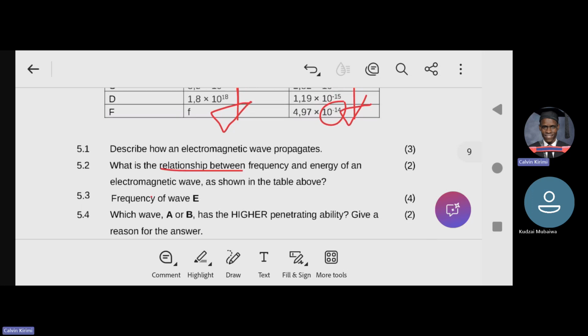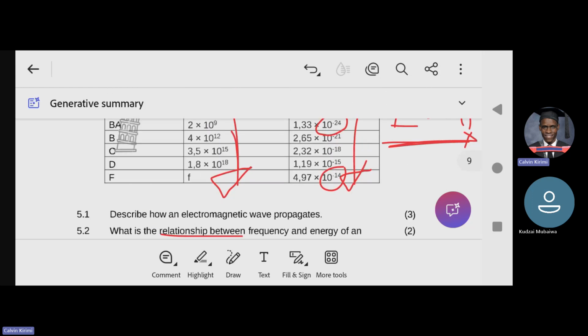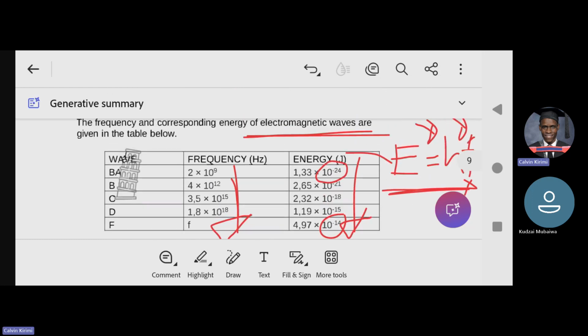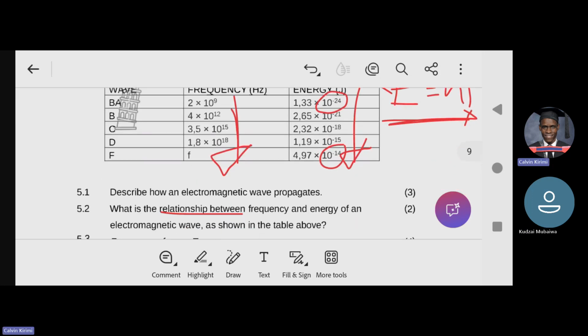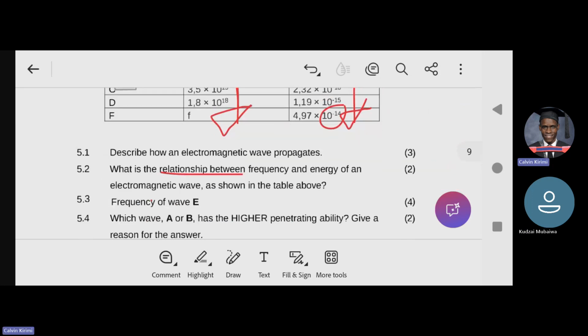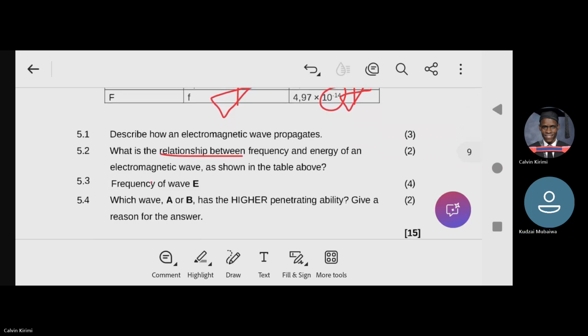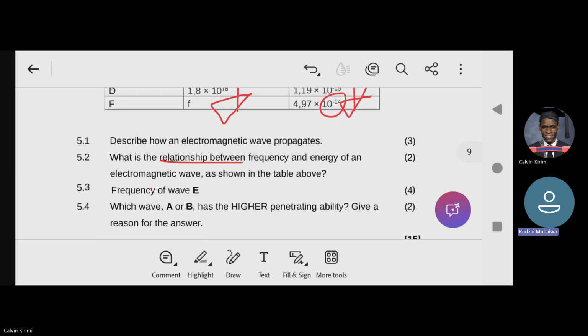Now they want the frequency of wave E. What is the frequency of wave E? Question 5.4.